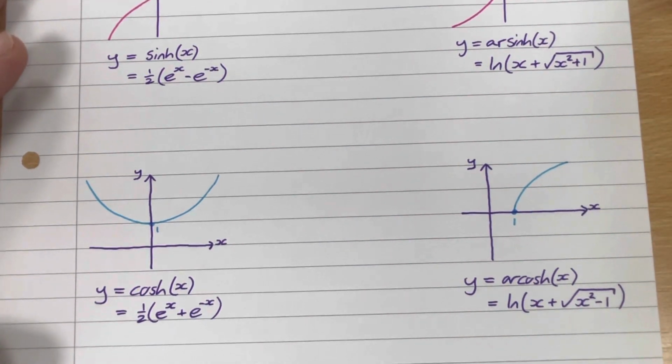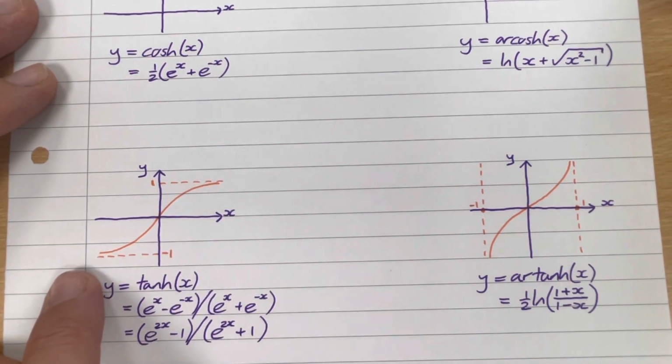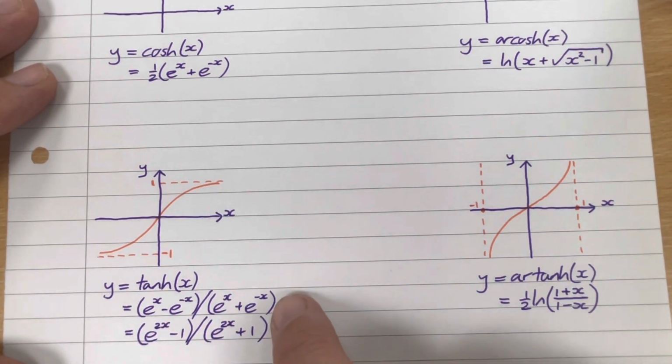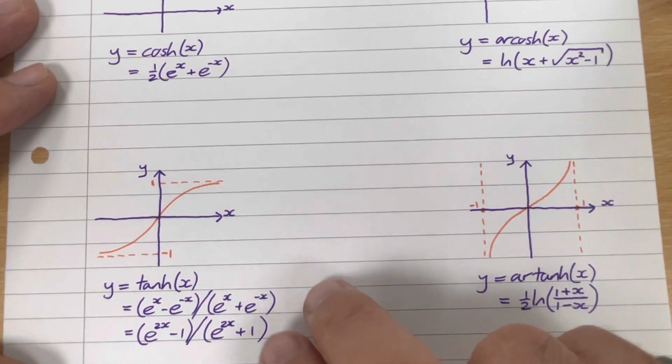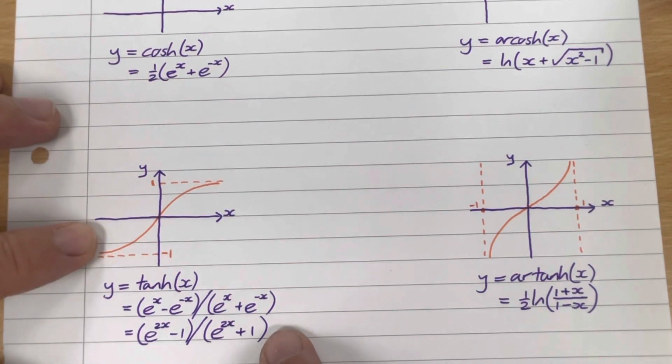And then finally, the tanh function. This is the graph of y equals tanh of x. It's got two asymptotes horizontally at -1 and 1. Here's the exponential definition of that. It's just shine divided by cosh, which can be written as that. So you might see either of those exponential definitions for tanh. And then this is already one-to-one, just like shine was.